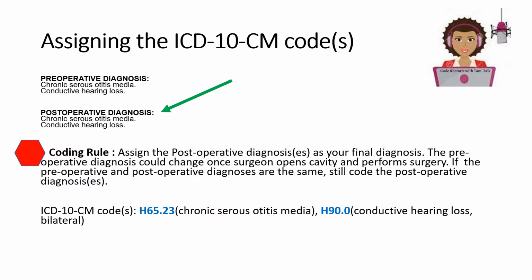And for those of you who are into coding, you know that things can change once the doctor opens or enters the cavity of the patient's body. So again, assign the postoperative diagnosis as your final diagnosis. The preoperative diagnosis could change once the surgeon opens the cavity and performs surgery. And if the preoperative and postoperative diagnoses are the same, you still want to code the postoperative diagnosis code.